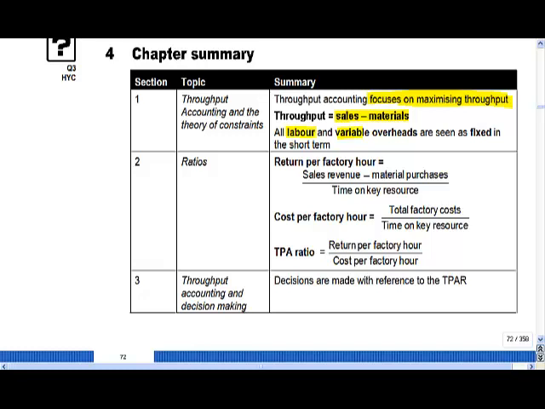Labour, variable overheads, any cost other than materials are seen as fixed in the short term. And then we've got our key ratios there. And then remember that decisions are made with reference to the throughput accounting ratio. It should be greater than 1, and the higher the ratio, the better.